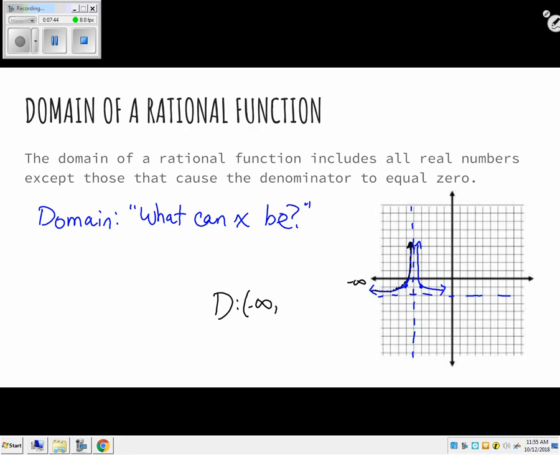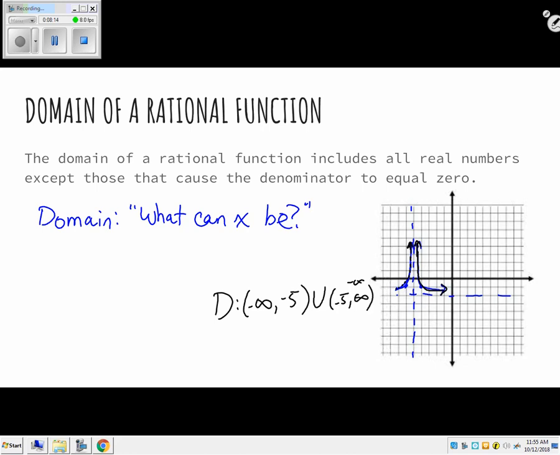So I go to -5, and I show that I don't touch it with that parenthesis. We have the union sign that we use in math, and we pick up right on the other side of -5 right here. It got really close to it. And then if I trace my way down this branch, it goes all the way out to positive infinity. Oops, that's a 5. Goes all the way out to positive infinity. Sorry.